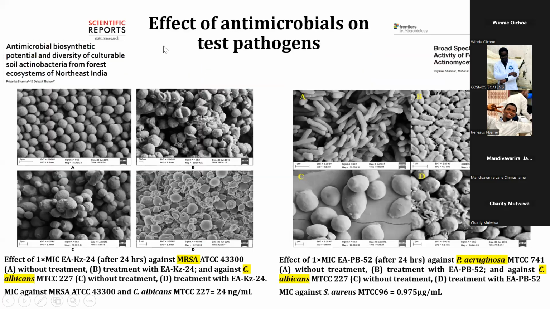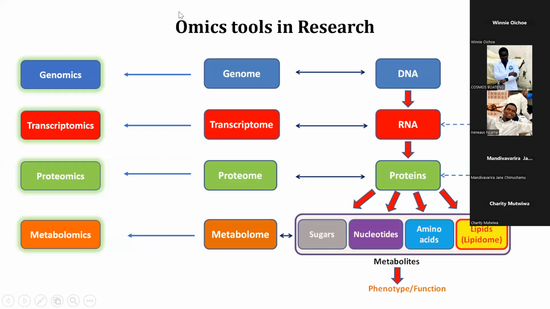Okay. Now, let us suppose my topic here is to speak about proteomics and metabolomics. Let us look at what the different omics tools are. They are genomics, that is the study of the entire genome of an organism. Genome is the DNA. Then there is transcriptomics, the study of the entire RNA of an organism or a cell or a tissue.